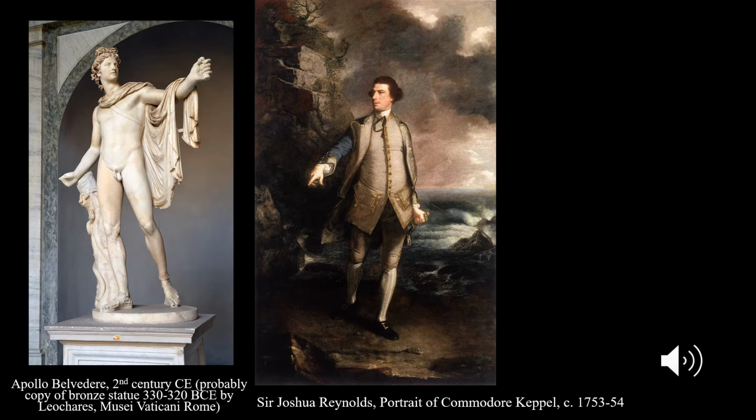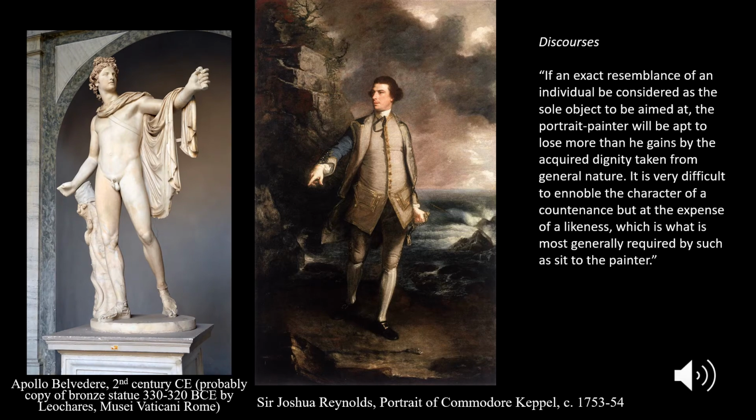This also helped solve the contradiction between Reynolds' theoretical elevation of history painting, again, those large format multi-figure paintings of classical history or mythology, and his lucrative portrait practice, as the author Pevsner discusses. Reynolds' theoretical program was articulated primarily in a series of lectures he delivered to the students of the Royal Academy when he became president.